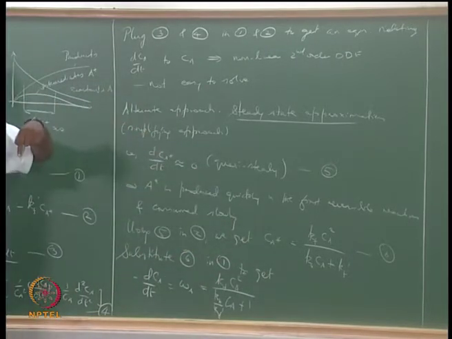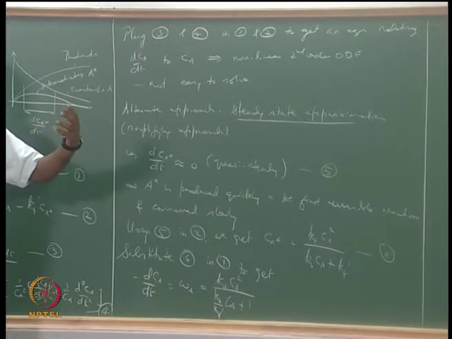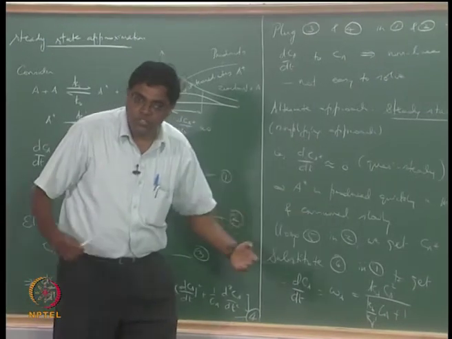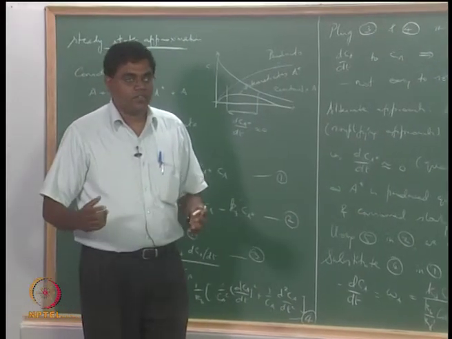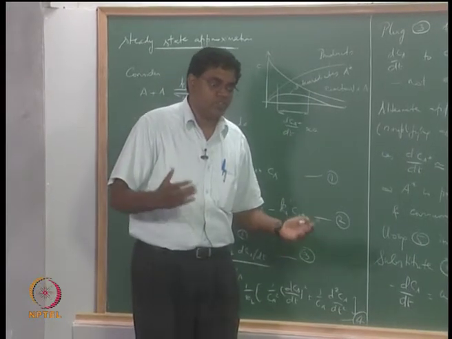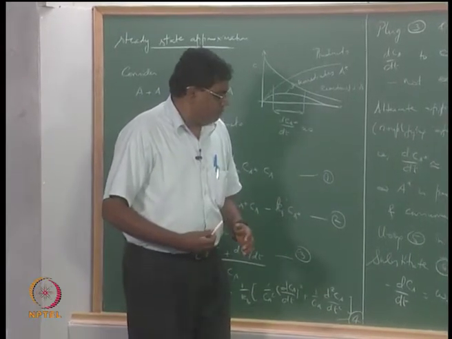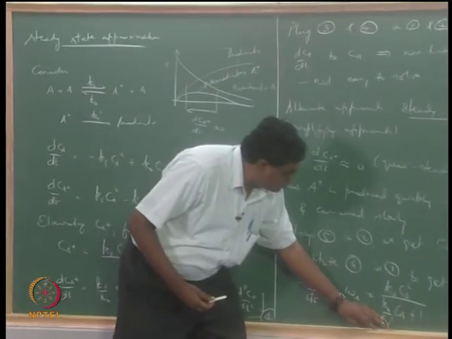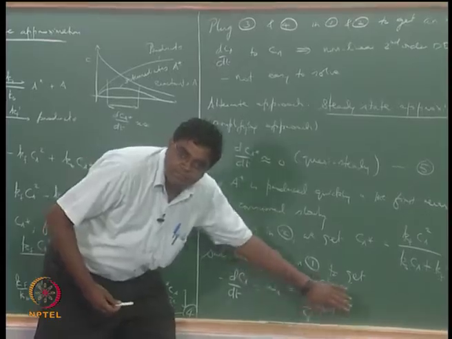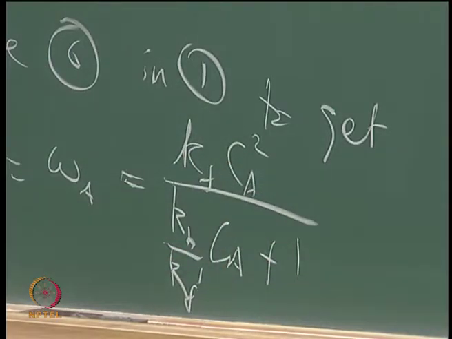So in the first case you would have deduced that it's going to be a first order reaction. In the second case you would have deduced that it's going to be a second order reaction. So depending upon whether it's going to be first order or second order, what you will have to look for is how this compares with unity. That is the reason why we have rearranged things like that.